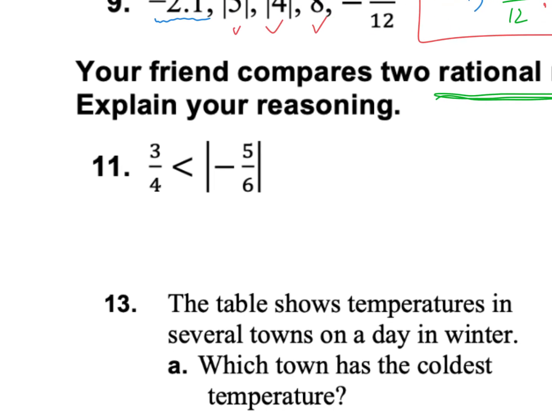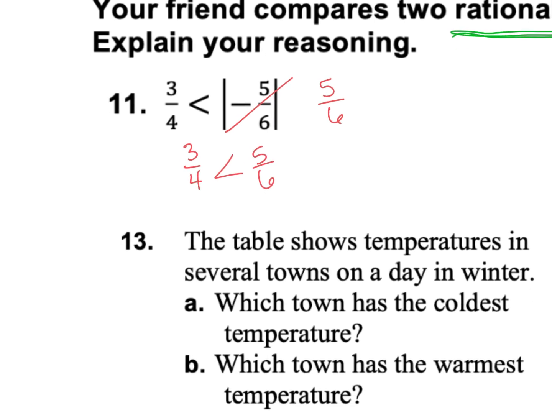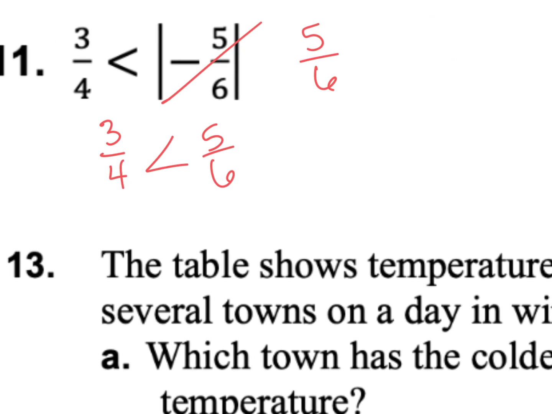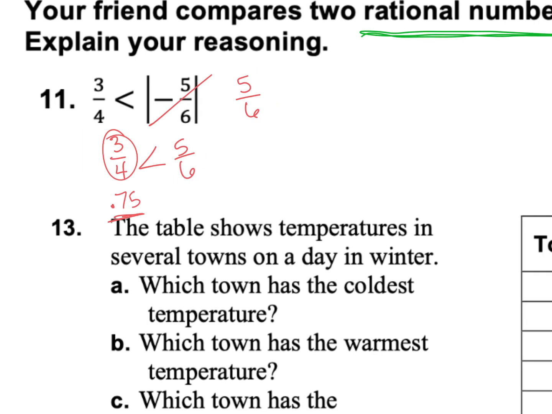Okay. So is your friend right in making this comparison? Well, let's see. This is really 5/6. So is 3/4 less than 5/6? Well, I think of these in terms of like this is 0.75. 3/4 is 25 cents 3 times. And then 5/6, well, if it helps you, then I do division.